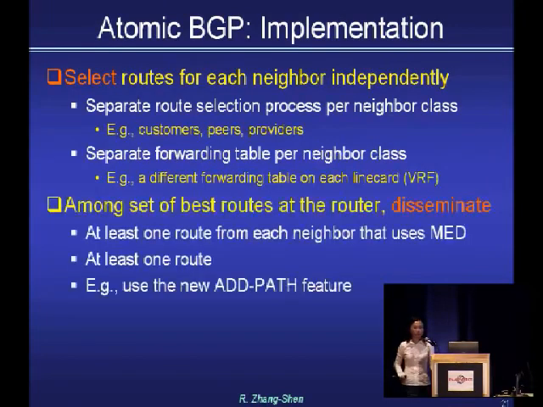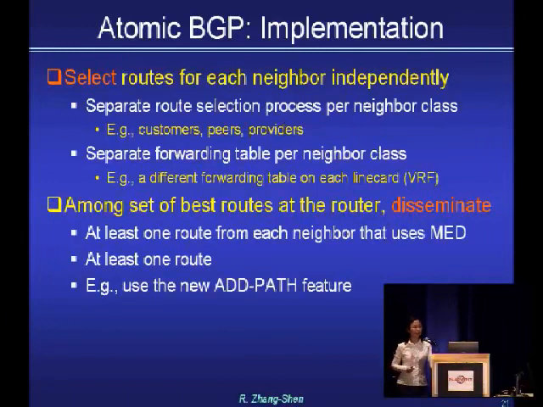But the next change we need to make, in order to fix the MAD problem, is not available yet, but hopefully soon. So we need to allow dissemination of more than one route within the AS. This is only for iBGP. So to your neighbor, you can still advertise just one route.